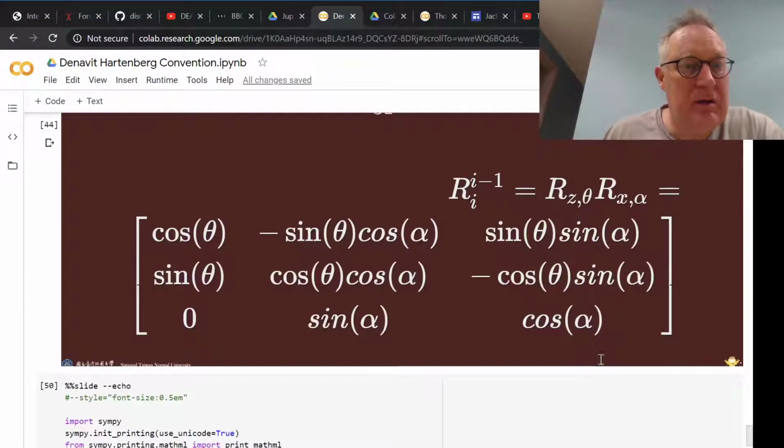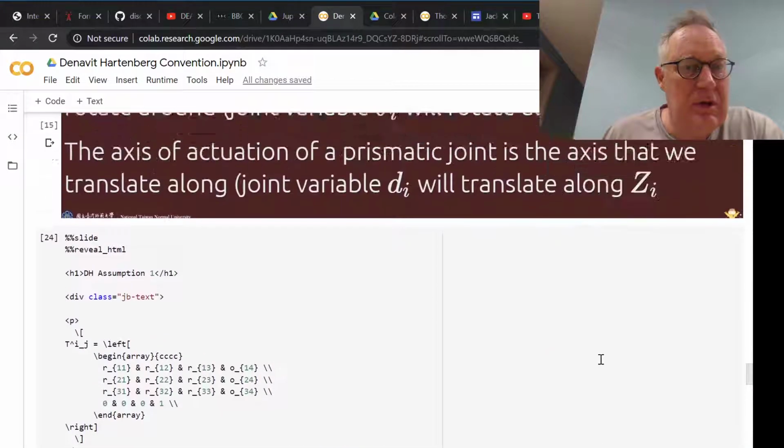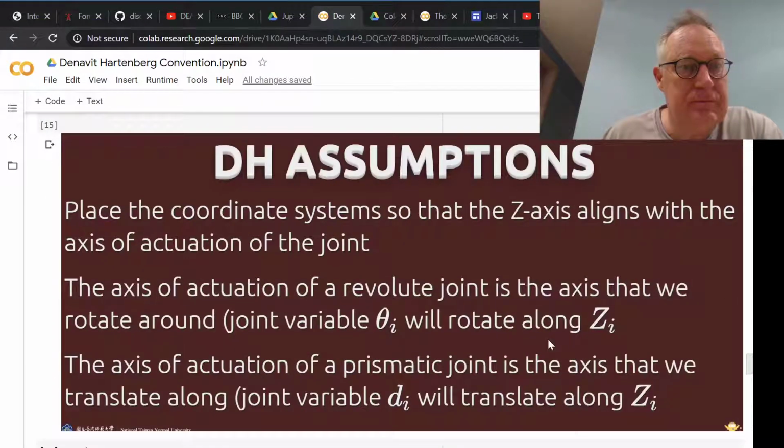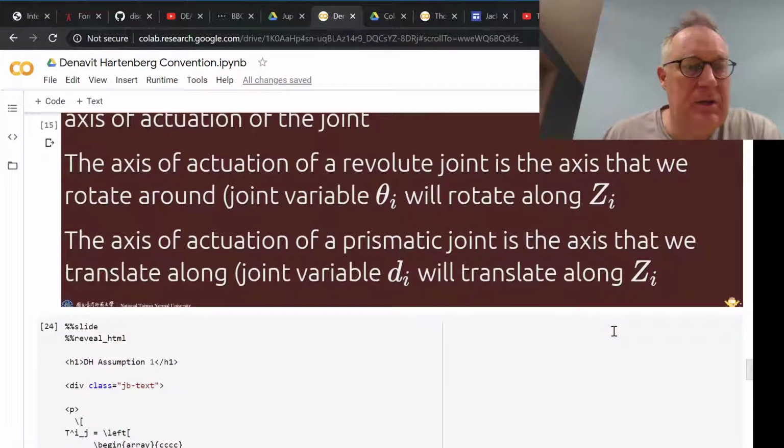Just double check that I didn't make a mistake there. The joint variable theta i will rotate along the axis z i minus 1.